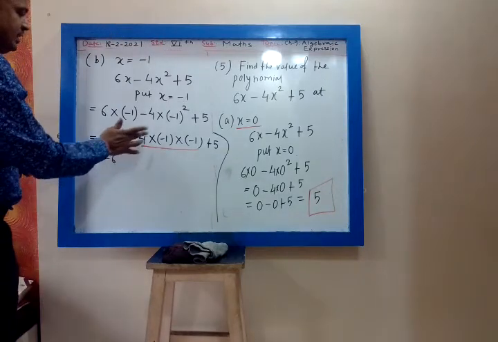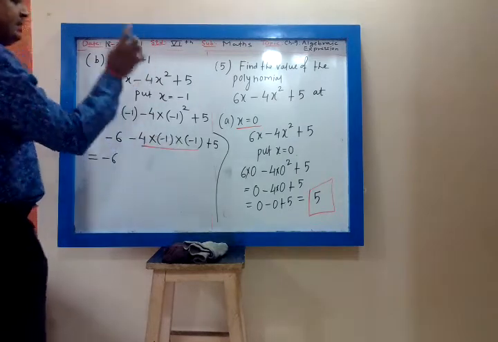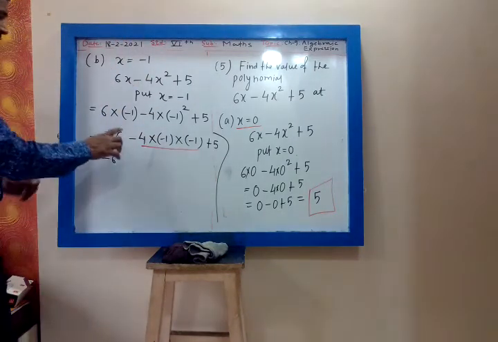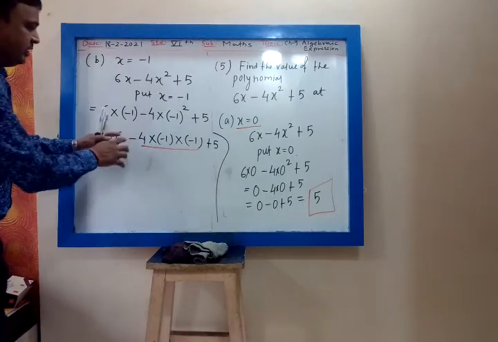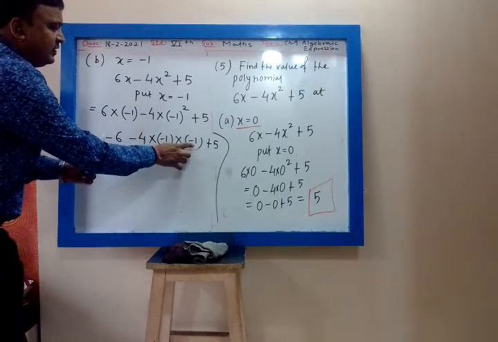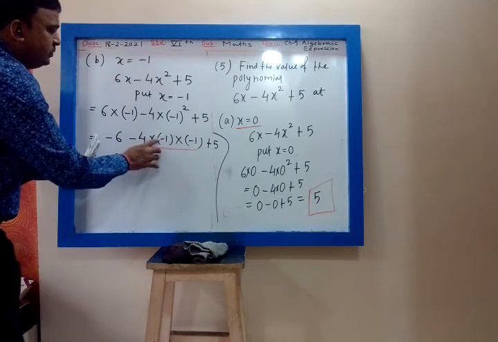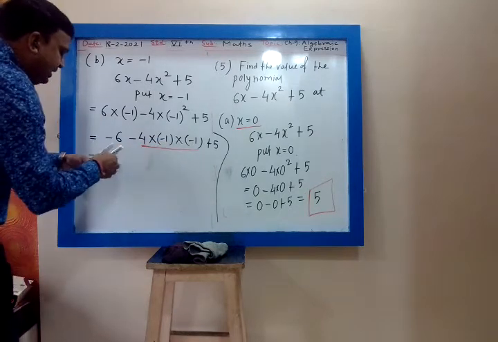Now let us see the multiplication of minus, minus, minus. How many times? See here. 1 minute. Minus into minus plus. Then plus into minus, minus.